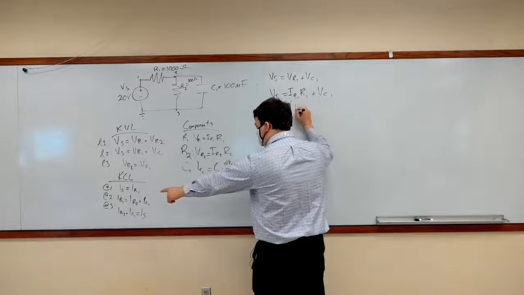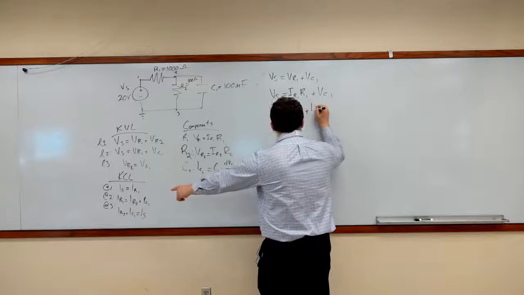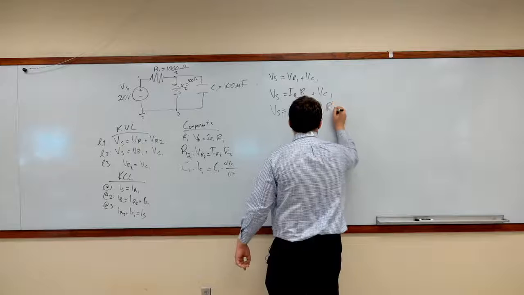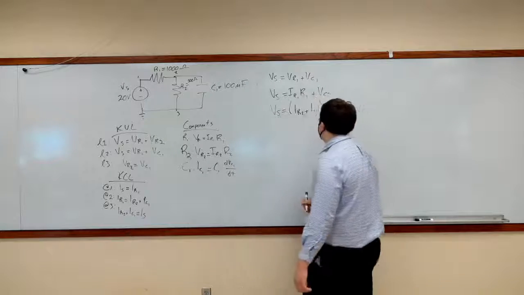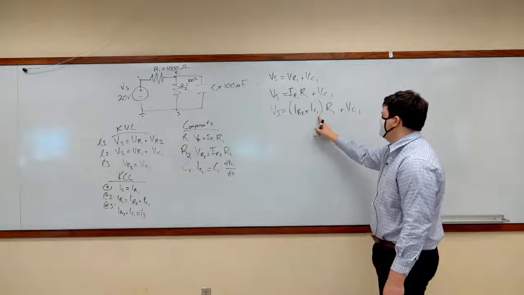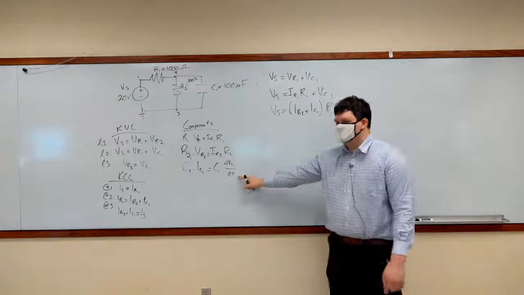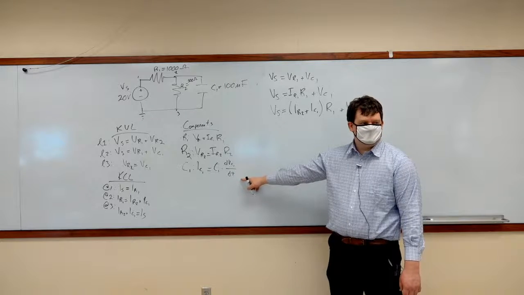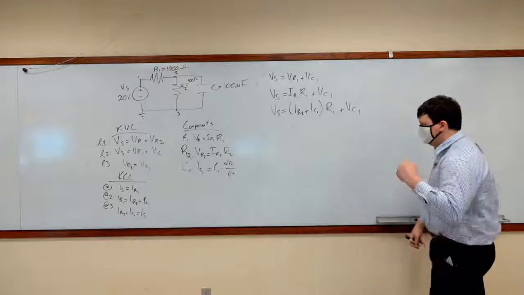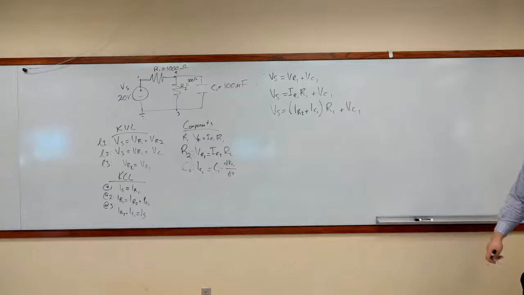So Vs is equal to IR2 plus IC1 times R1 plus VC1. Okay, now we've got the IC1. This one we can change directly into VC1 using the component equation. Okay, but what do we do with IR2?